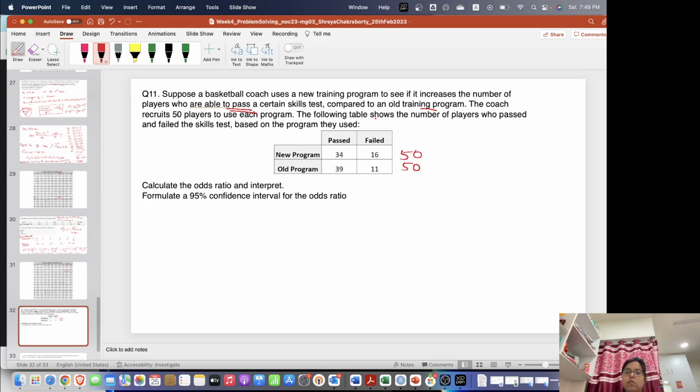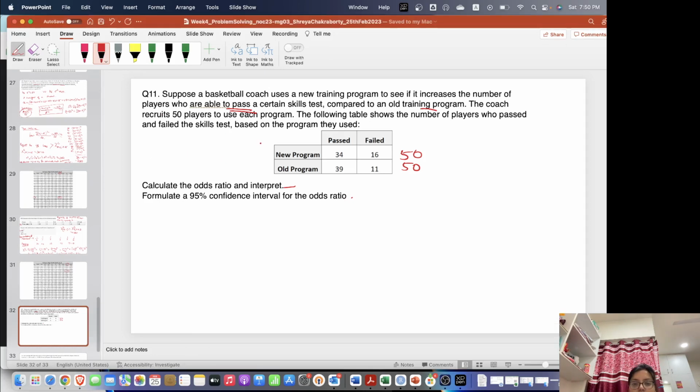The following table shows the number of players who passed and failed the skills test based on the program they used. Calculate odds ratio and interpret, and formulate a 95% confidence interval for the odds ratio.